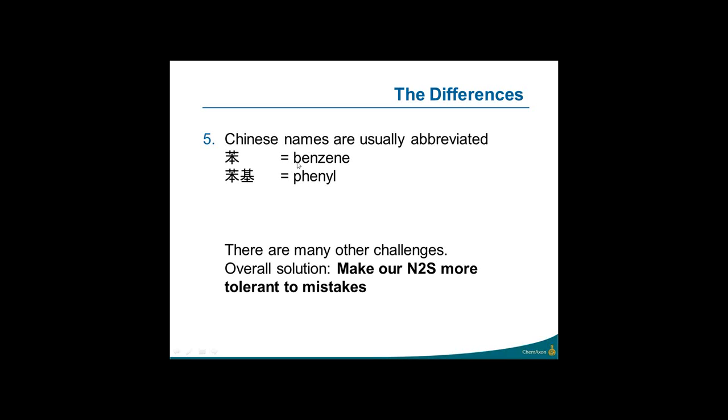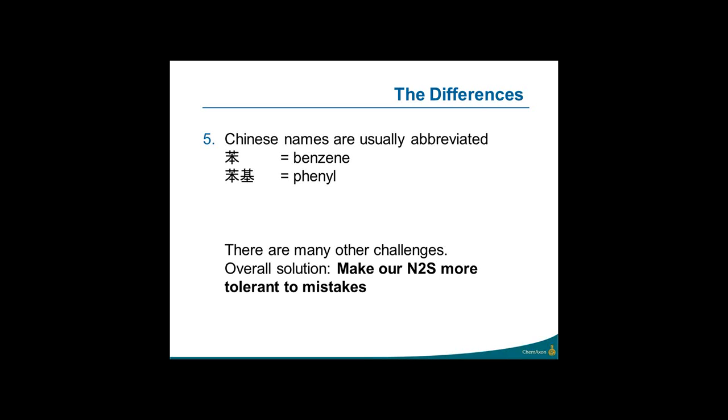So they use benzene in many cases for phenol, and also phenol for benzene. In this case, when you translate into English, it could be wrong, or it's not the correct name. Then you cannot generate the structures. These are just some examples of the challenges we have encountered.